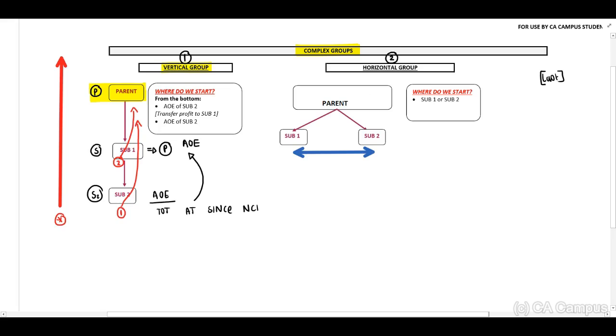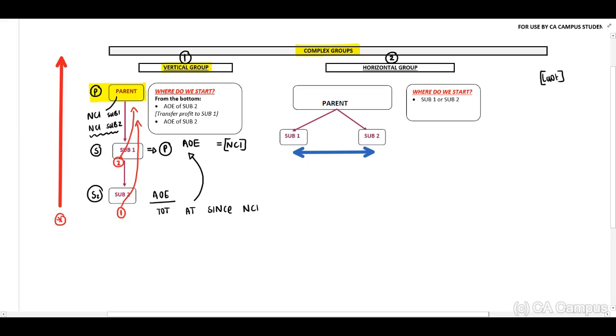Now, why is this important to us? We need to be able to calculate the NCI portion, the portion that shall be allocated to our NCI. Therefore, in our parent's records, we will have the NCI portion of subsidiary 1 as well as our NCI portion of subsidiary 2 in our total group.